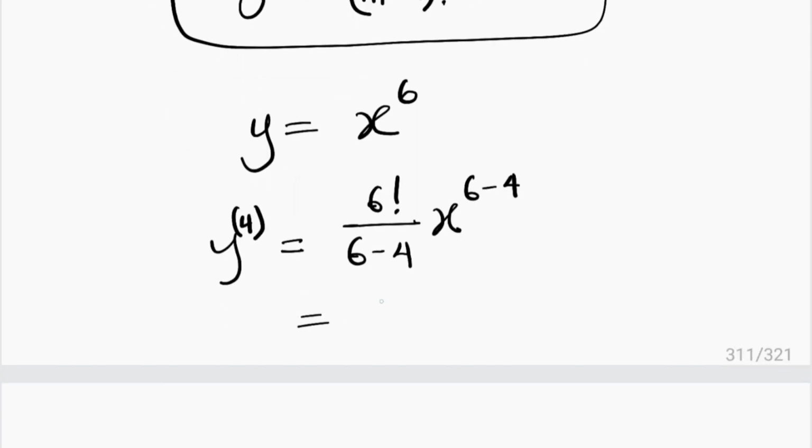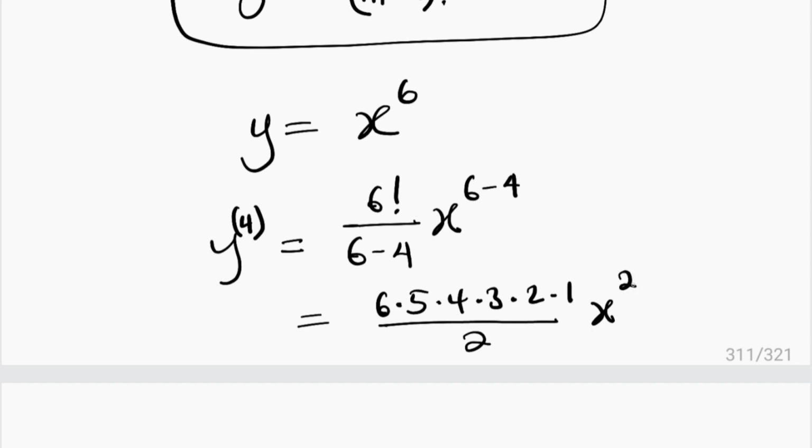6 factorial implies 6 multiplied by, oh no, sorry, it should be 5, 4, 3, 2, 1. This is 6 factorial. And 6 minus 4 here is 2. Then we still have x raised to the power of 6 minus 4, which is 2.